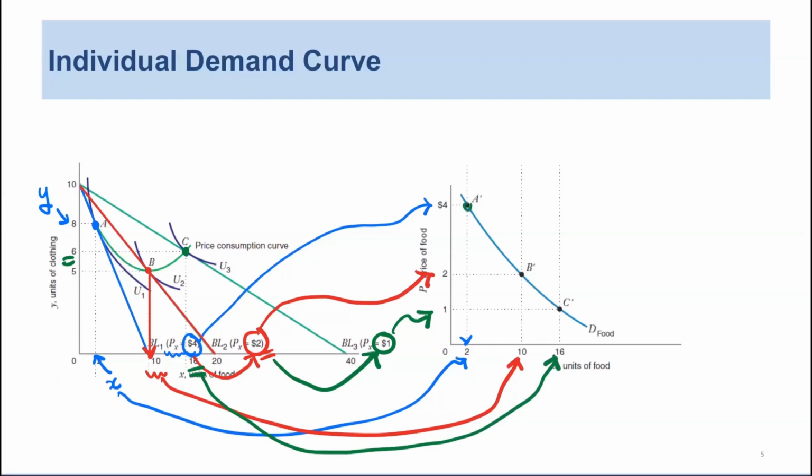So we have points 1, 2, and 3. In fact, you can do it continuously, keeping track of all these changes along the price and quantity dimensions, and that's the individual demand curve.